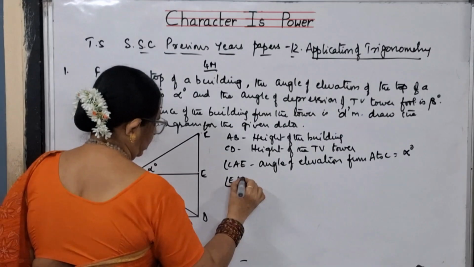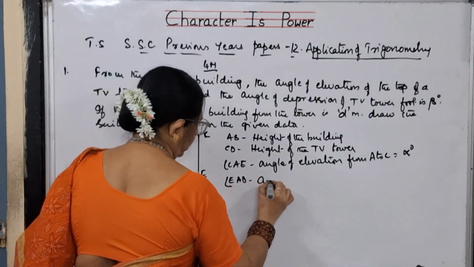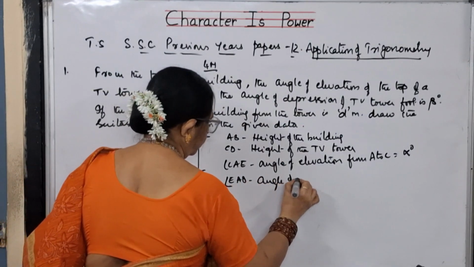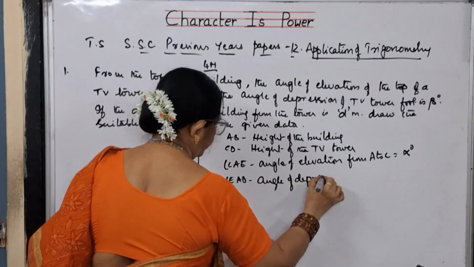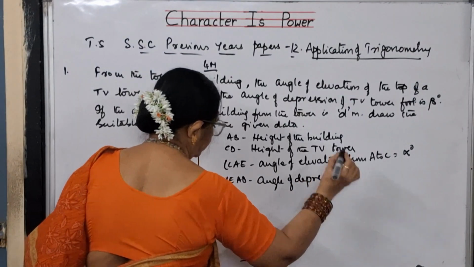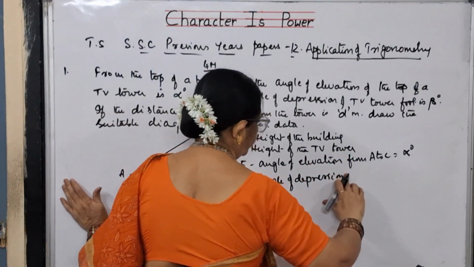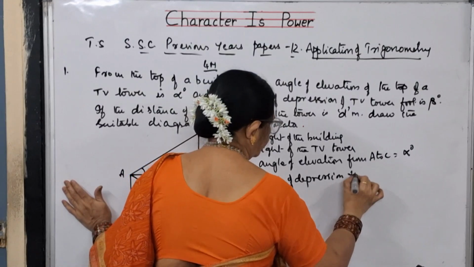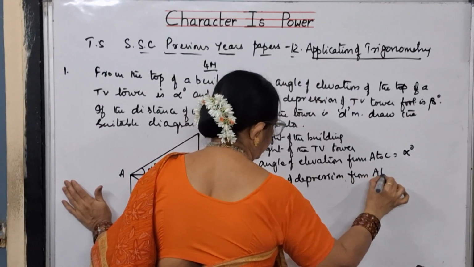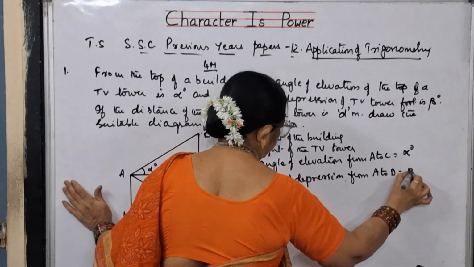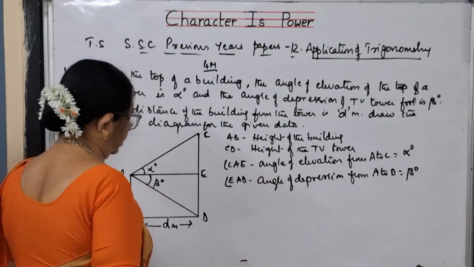Angle EAD, angle of depression from A to D. This is equal to beta degrees.